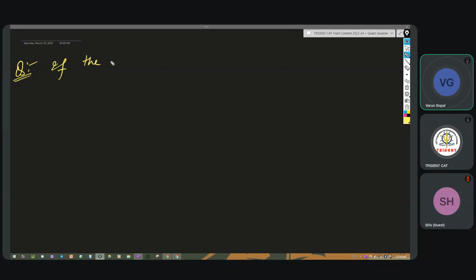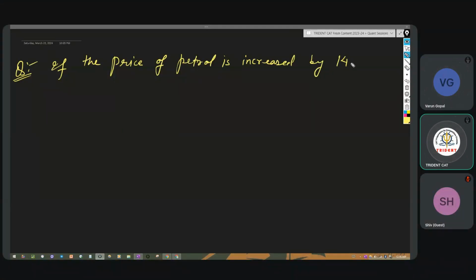Suppose the price of petrol is increased by, let's take an easy number, 14.28%.